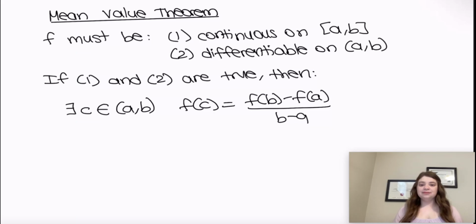Basically, what they're saying is that if on a certain interval f is continuous and differentiable, then there must be some value where the average slope from A to B must be equal to the instantaneous slope at some point between A and B. So I'm going to say it again: the average rate of change, the average slope, must be equal to the instantaneous slope somewhere on that interval at some value C. That's essentially what the mean value theorem is saying without all the formalities.